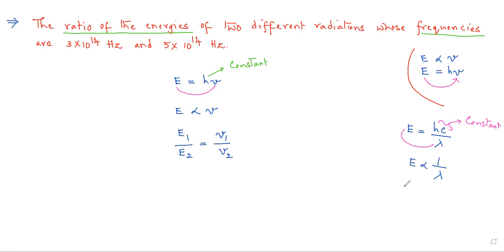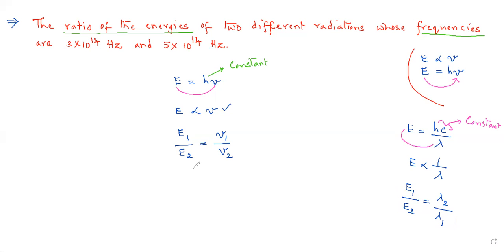When two parameters are inversely related, you write E1 by E2 is equal to lambda 2 by lambda 1. Here, when they are directly proportional, E1 by E2 is equal to nu1 by nu2. This is how you have to derive whatever relations are required.